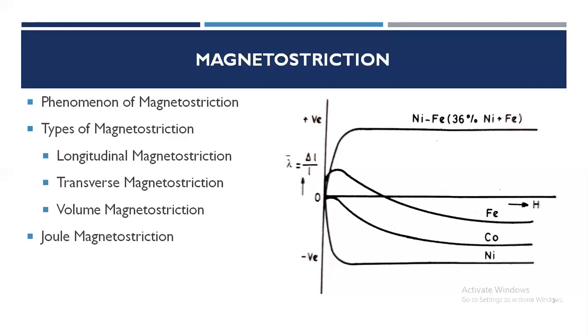This figure illustrates the trends of the longitudinal magnetostriction curve in iron, cobalt, nickel, and nickel-iron.